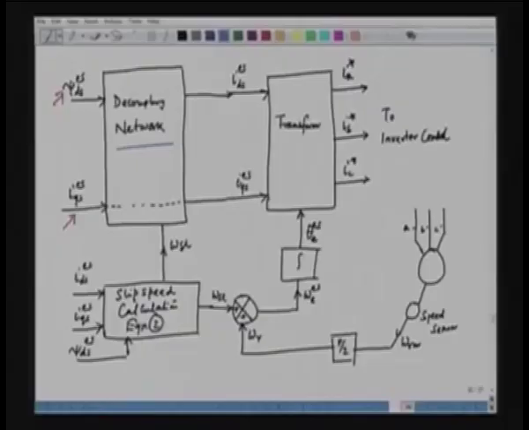We will now discuss an interesting area of modern AC drive control, that is the speed sensorless control, and we will see how the speed sensorless control can be implemented in an induction machine. Of course, whenever we want a drive, very often we go for a closed loop speed feedback. We want a variable speed drive. We would like to control the speed as we want, and for that we have to have a closed loop speed feedback.